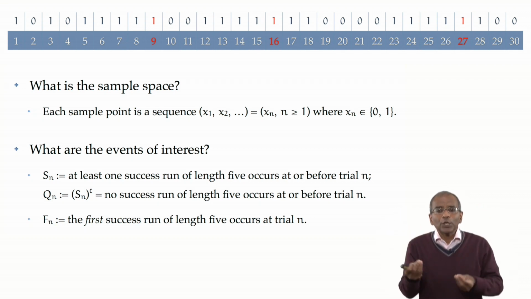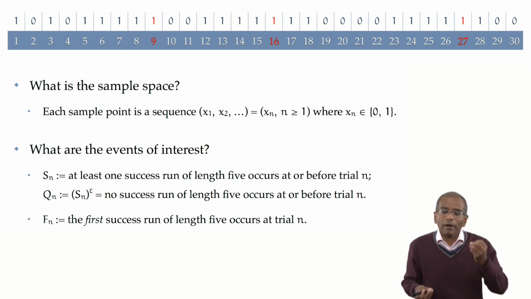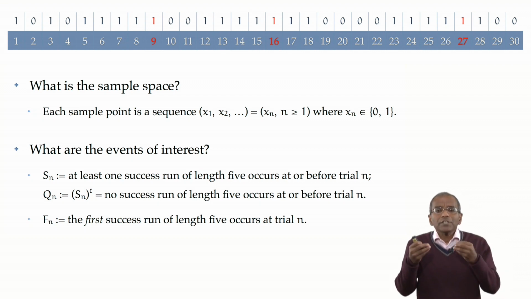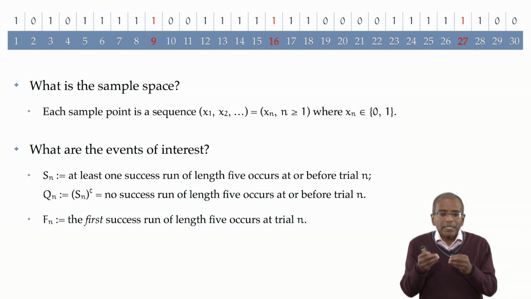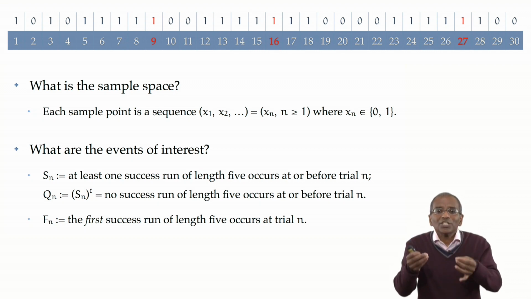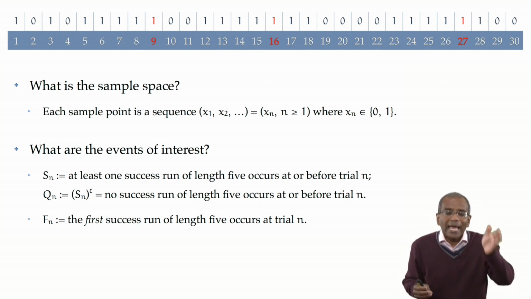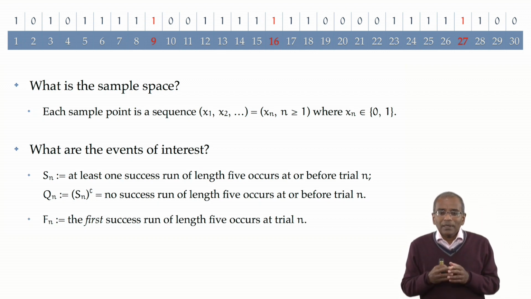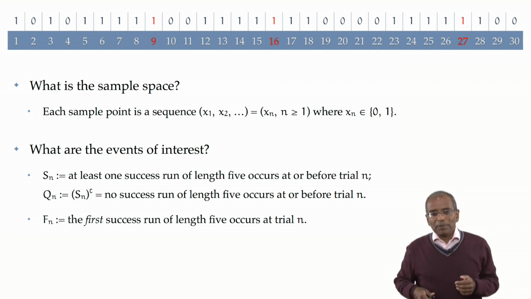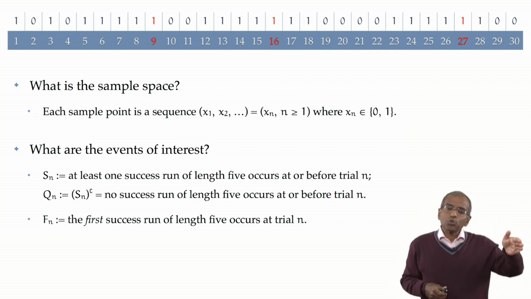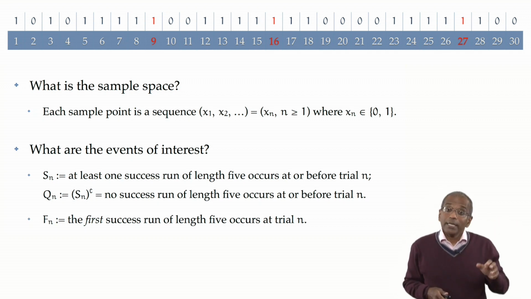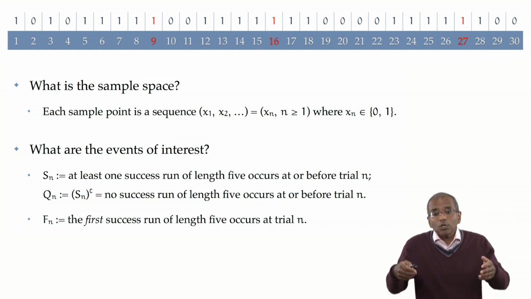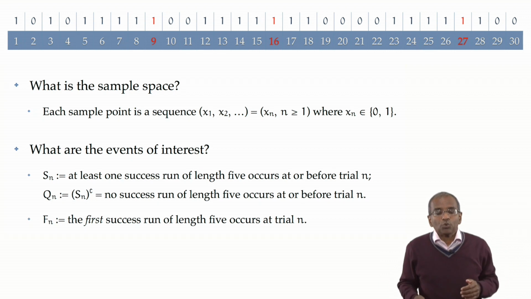For each value n, 1, 2, 3, 4, 5, and so forth, let f sub n represent the event that the first success run of length 5 occurs at trial n. Now, there are other possibilities. If you have the nth trial and a success run occurs at it, it could be the first success run, but it could be a second, third, or a subsequent success run.